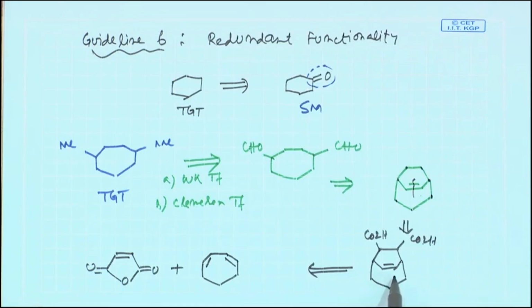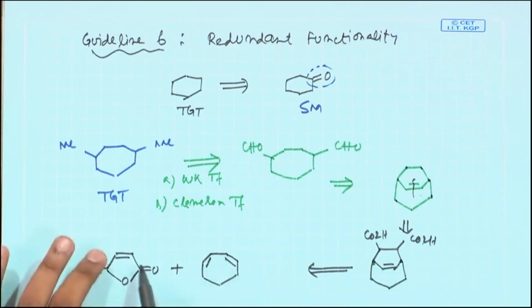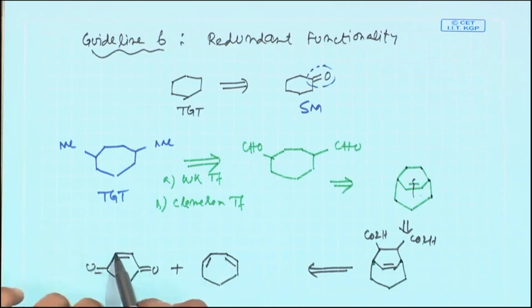Now, the initial visualization was difficult, but try to visualize it in this way. This bottom ring is basically the 7-membered ring: 1, 2, 3, 4, 5, 6, 7. You have a double bond here, which can come from this diene part, and these 2 things are now these 2 things.